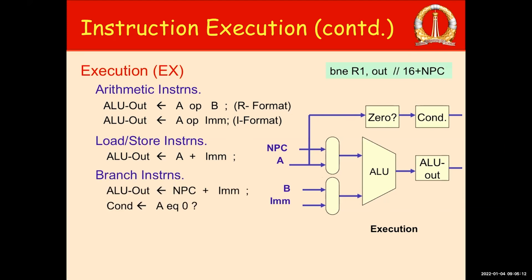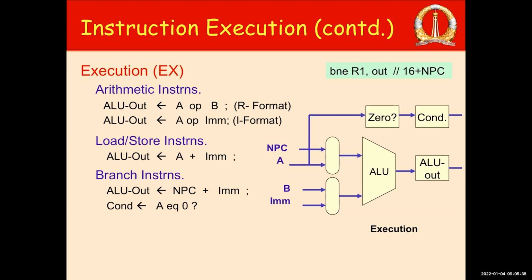For the conditional branch instructions, during the execute stage, the execute phase actually calculates the target location where the jump or the branch has to go to. Again, as I mentioned earlier, the target location is nothing but the PC plus 4 value and then the immediate constant.